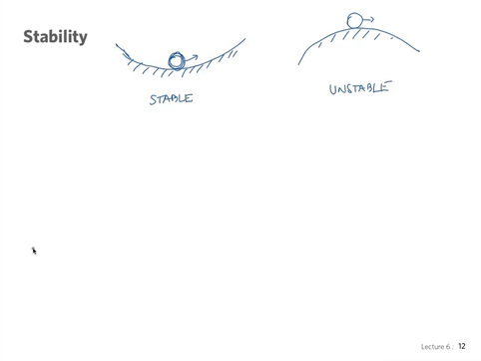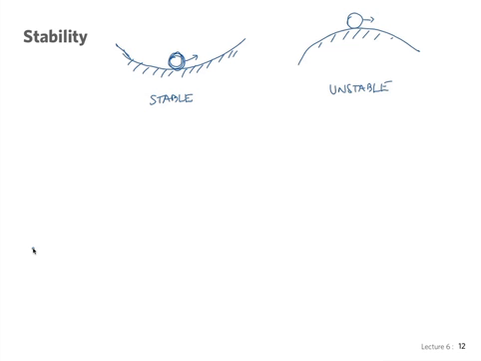The same concept applies. If we move something from the position of stability a small amount and it goes back to the previous position, the situation is stable. If we move something from the position of stability a little bit and it goes away from its previous position, then it is in an unstable situation.